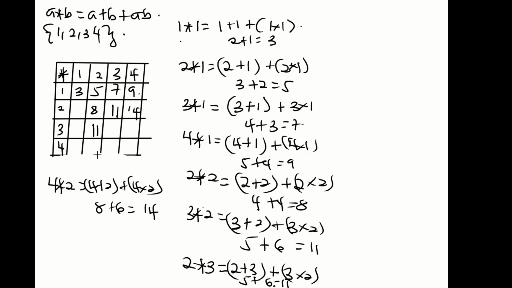So here we have 14. Let's also add 1 operation 2, which is 1 plus 2 plus 1 times 2. This is 3 plus 2, which is 5. So here we have 5.